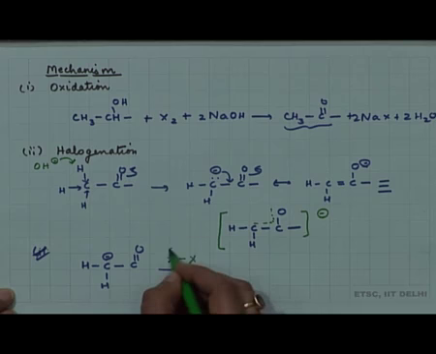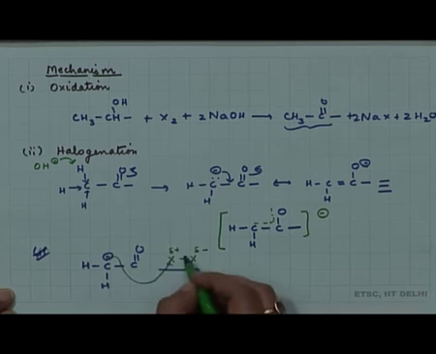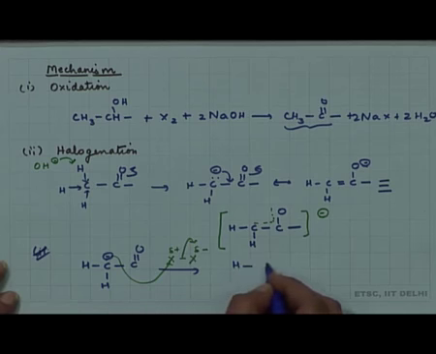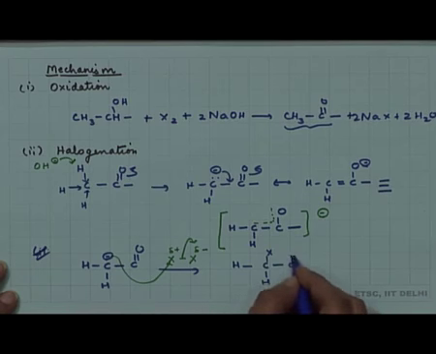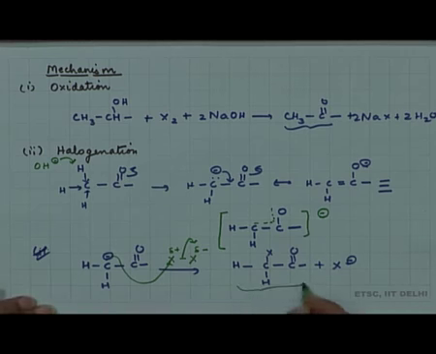You have your halogen, which is slightly polarized, and the enolate picks up this halogen, and what you get is the corresponding monohalogenated product.